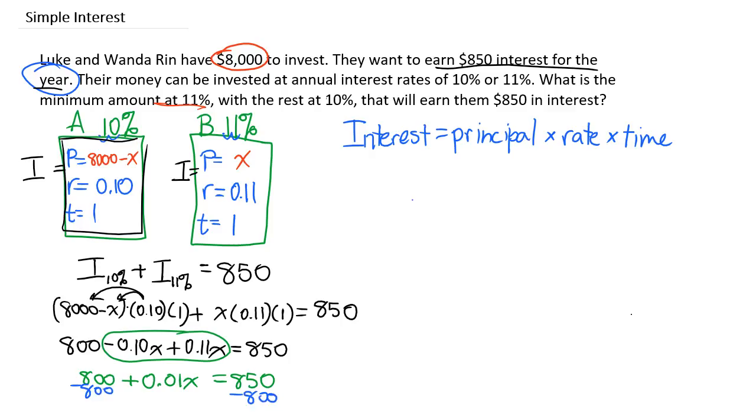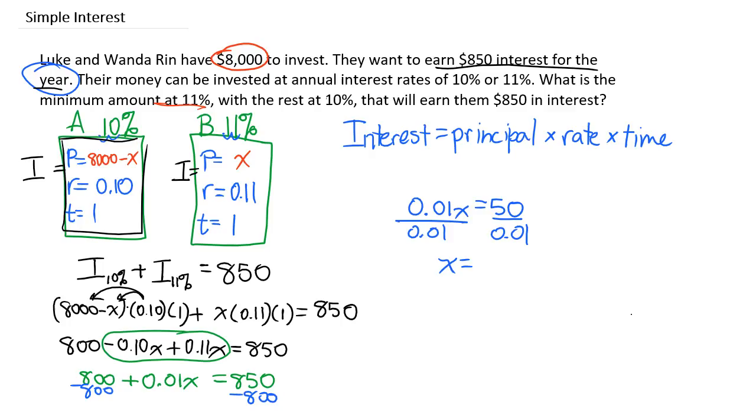Let me rewrite this, and 850 minus 800 is just $50. Now we can divide both sides by 1/100th, and when we divide 50 by 1/100th, we get 5,000.